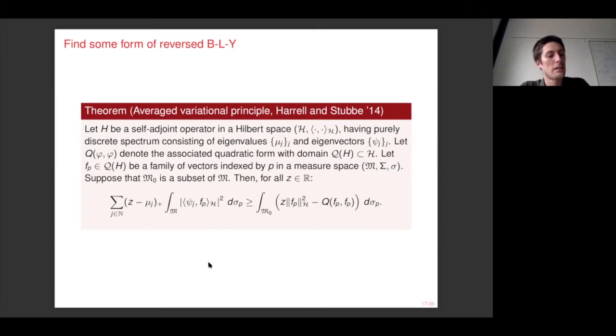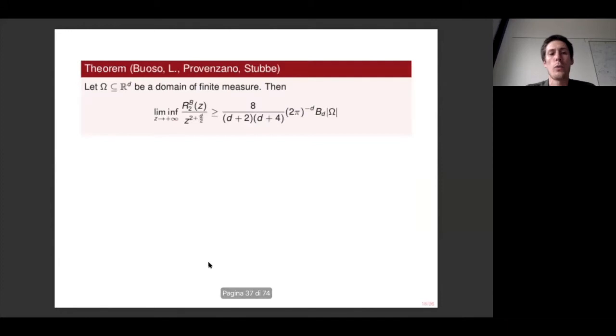The first result that I want to present to you is the following. By almost directly applying the variational principle, it's possible to recover this lower bound for the second Riesz mean, which holds in terms of a length, where one has the correct order and also the correct constant.